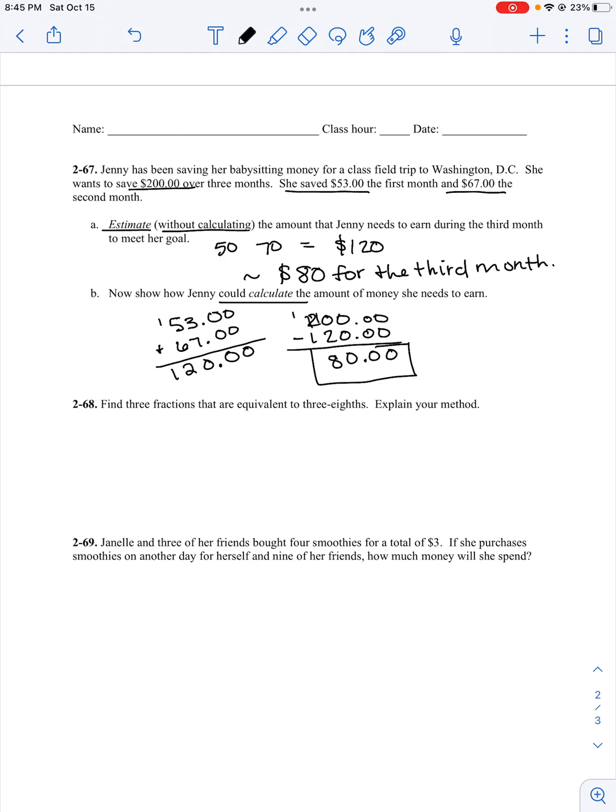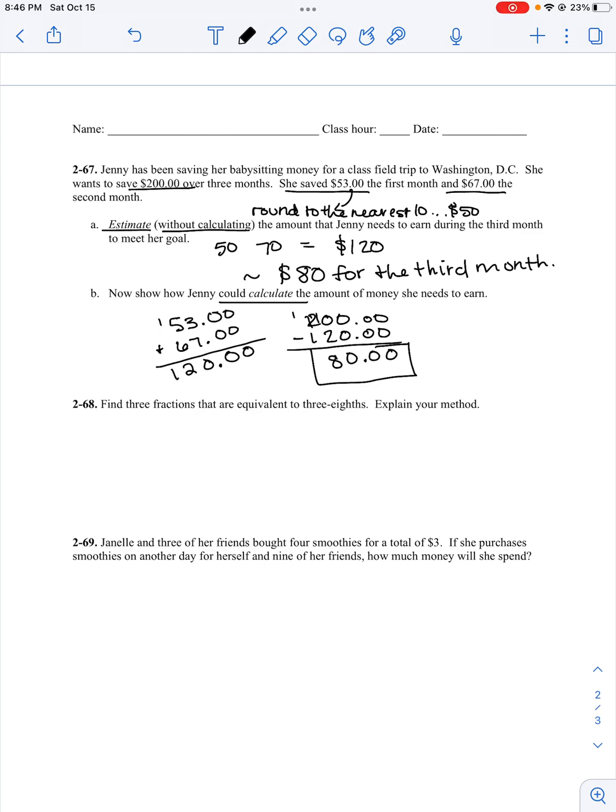$80. Now, I want to explain how I estimated 53. If I round to the nearest 10, I got $50 because the 3 makes it go down, right?